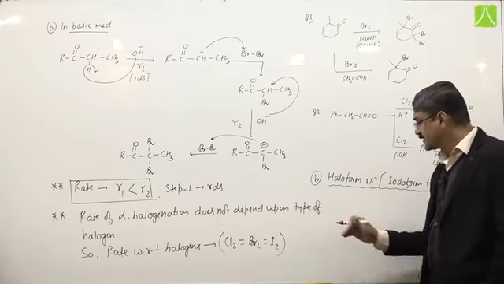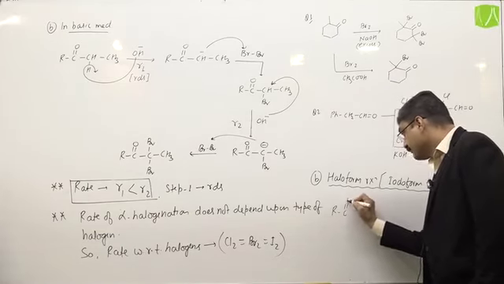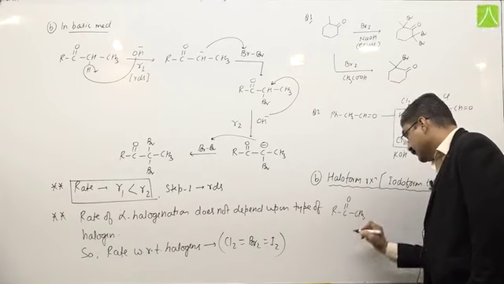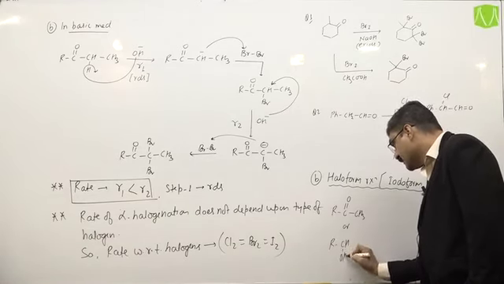In this haloform reaction, a COCH3 group must be present in the compound, or we can take a secondary alcohol.